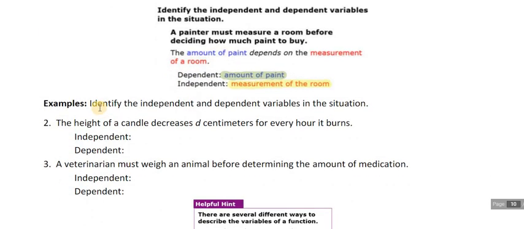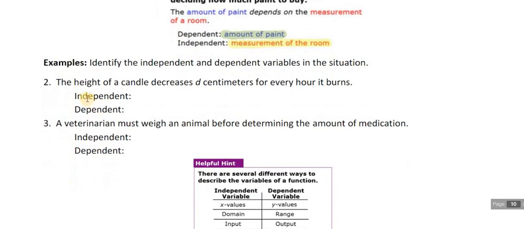So if we look at number 2, it says the height of a candle decreases d centimeters for every hour it burns. We want to identify the independent and the dependent variable. So we're talking about the height of a candle as a result of how long it's burning. If you burn a candle for 5 minutes versus 5 hours, there's going to be a difference in the height.